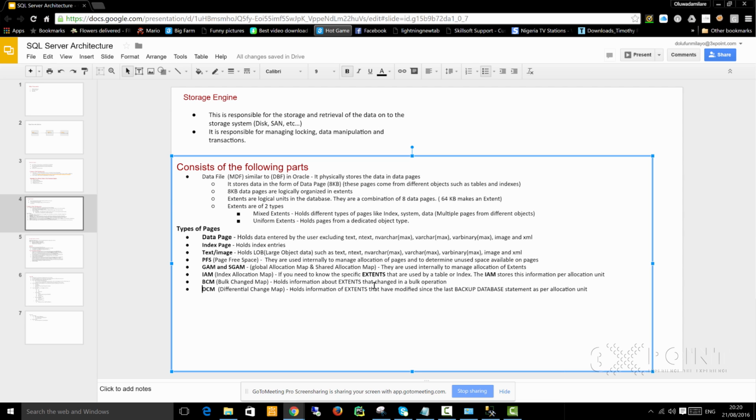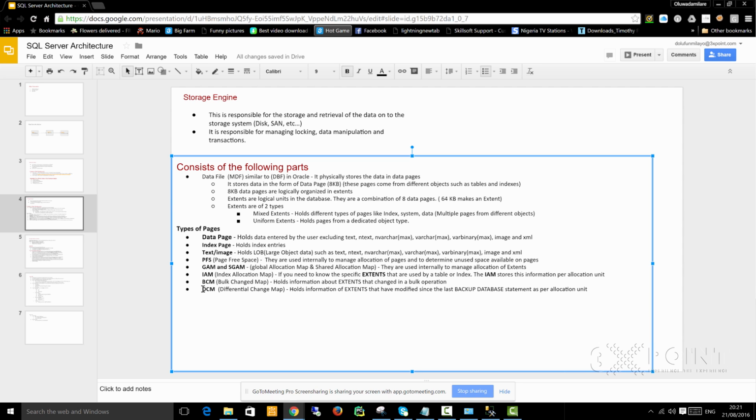Anytime you do a bulk load, you issue the BULK INSERT command, or you issue the BCP command, or any of those bulk operations done within SQL Server, that information is stored by the BCM page type, and it stores it for the extent.